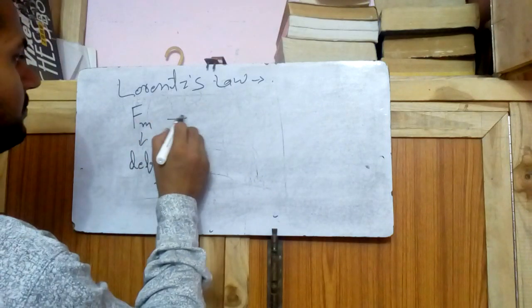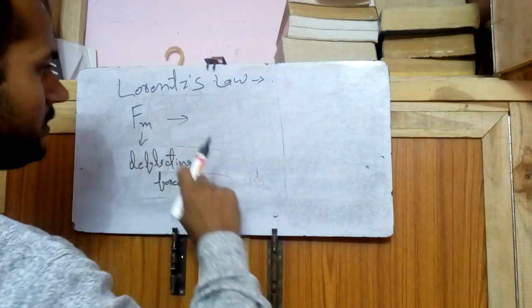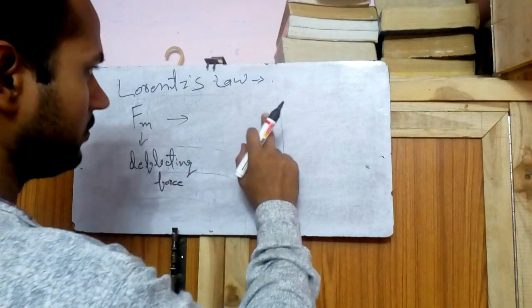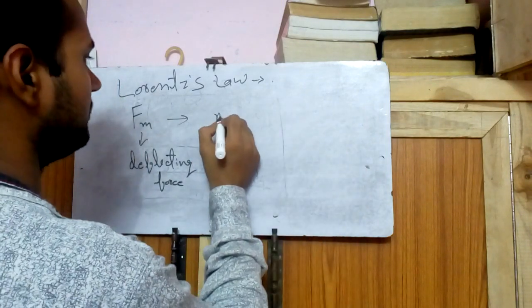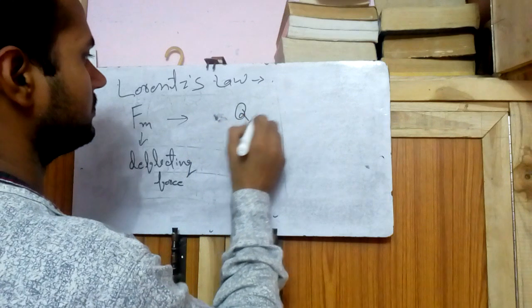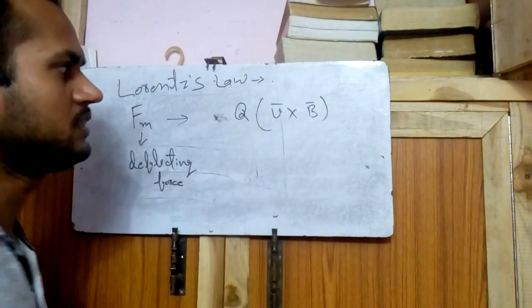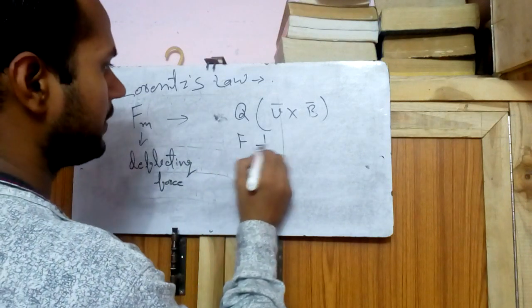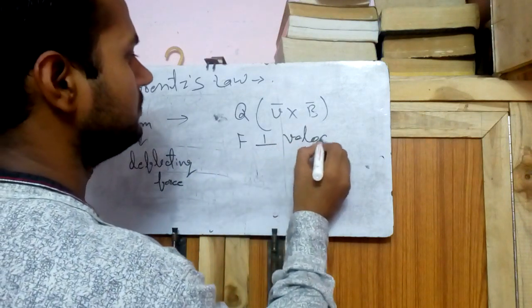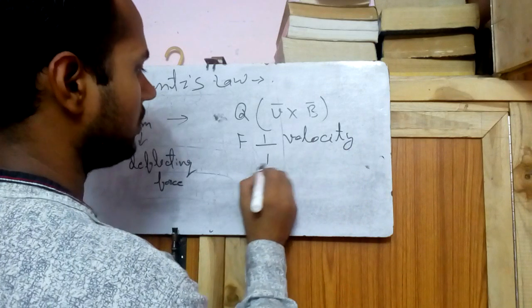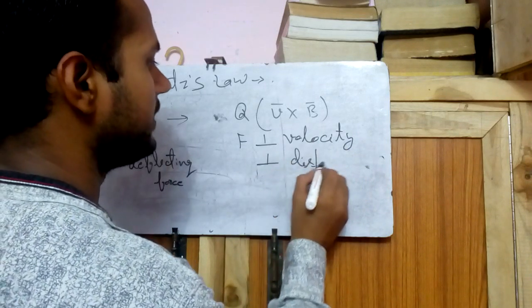Let us see. This force will be perpendicular to both the velocity and the magnetic field. Like this, the force is perpendicular to velocity, also perpendicular to displacement.